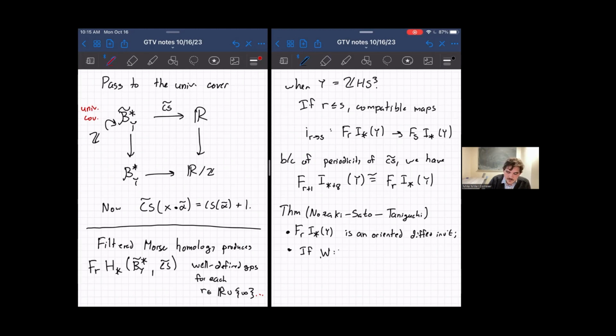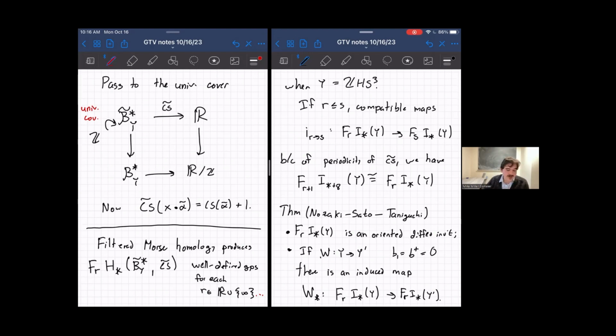if I hand you a cobordism from Y to Y prime, which is homologically simple, b1 equals b plus equals 0, we have a natural induced map, compatible with all those inclusion maps above, from the R-filtered instanton homology of Y to the R-filtered instanton homology of Y prime.